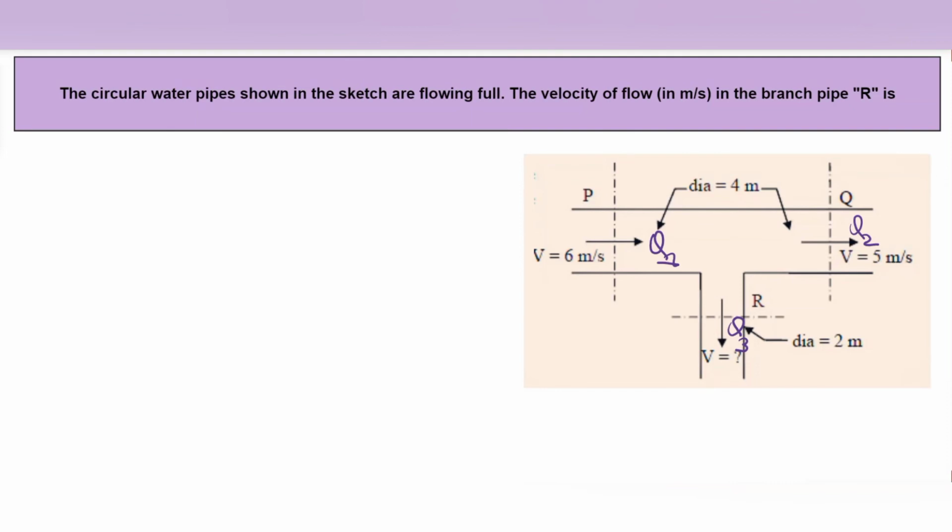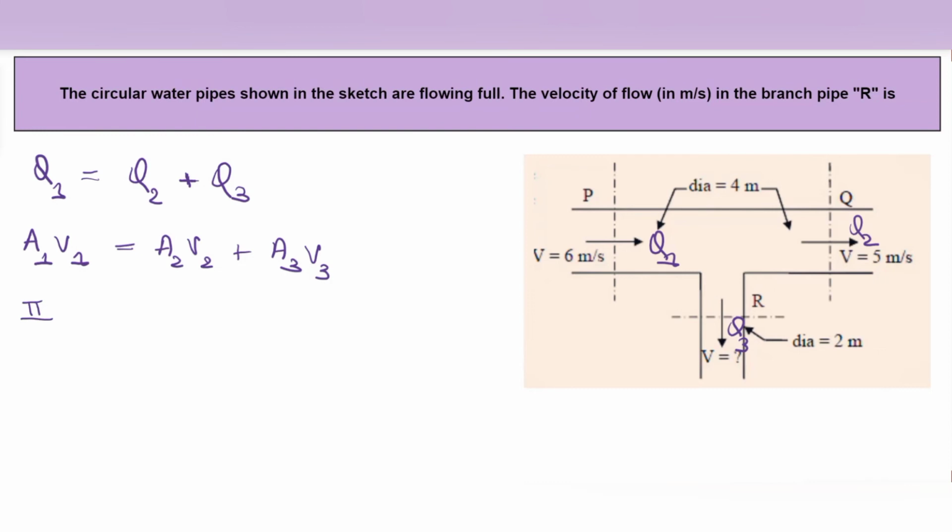From this we can say that Q1 is equal to Q2 plus Q3, and then after we'll be using the continuity equation, which is A1 V1 is equal to A2 V2 plus A3 V3. We already have the diameter and the velocity is given to us.